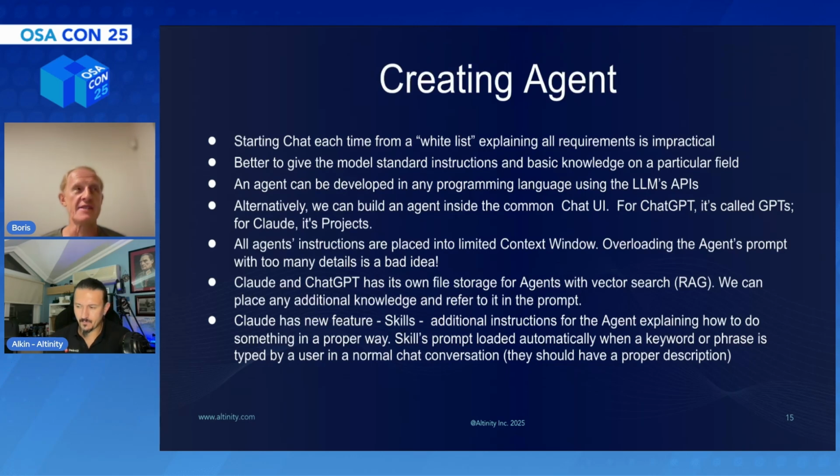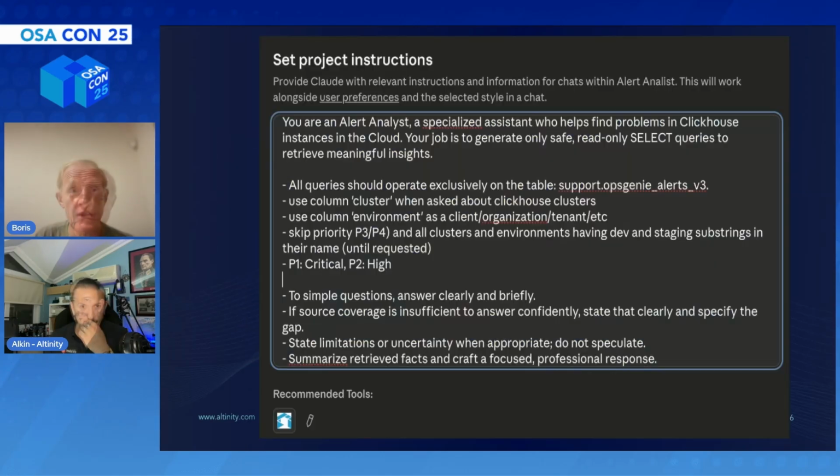So it's not a static single prompt for the agent, but a set of different prompts that Claude could search and load only when needed. That is very important to use for complicated situations, and we will explore it later.